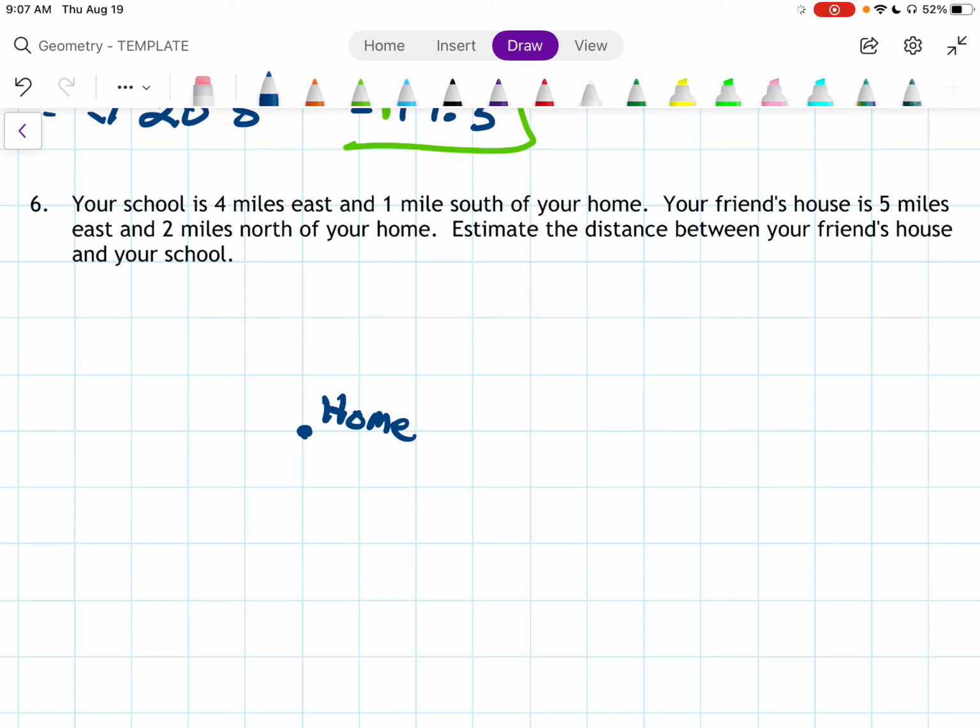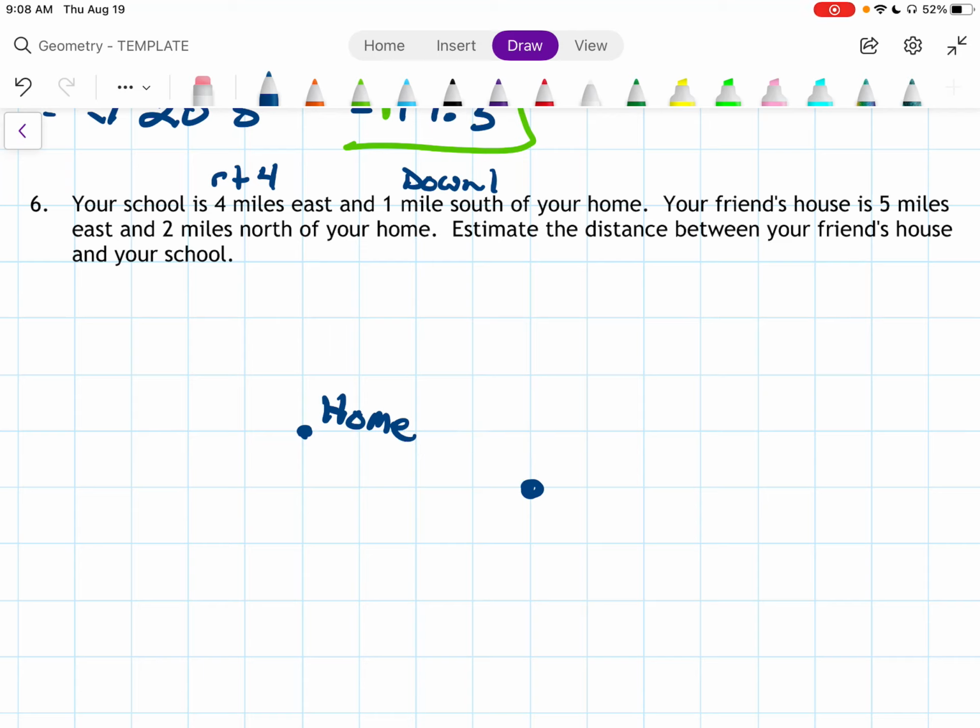Your school is 4 miles east, and east is normally to the right of us, right? So I'm going to say 4 miles east and 1 mile south. I'm going to go right 4 and down 1. So 1, 2, 3, 4, and down 1. That puts a dot right there.